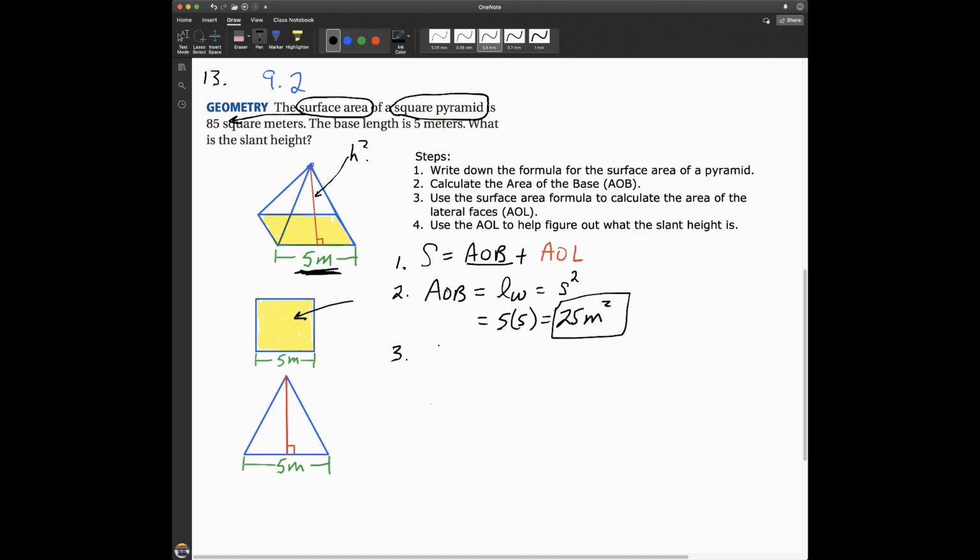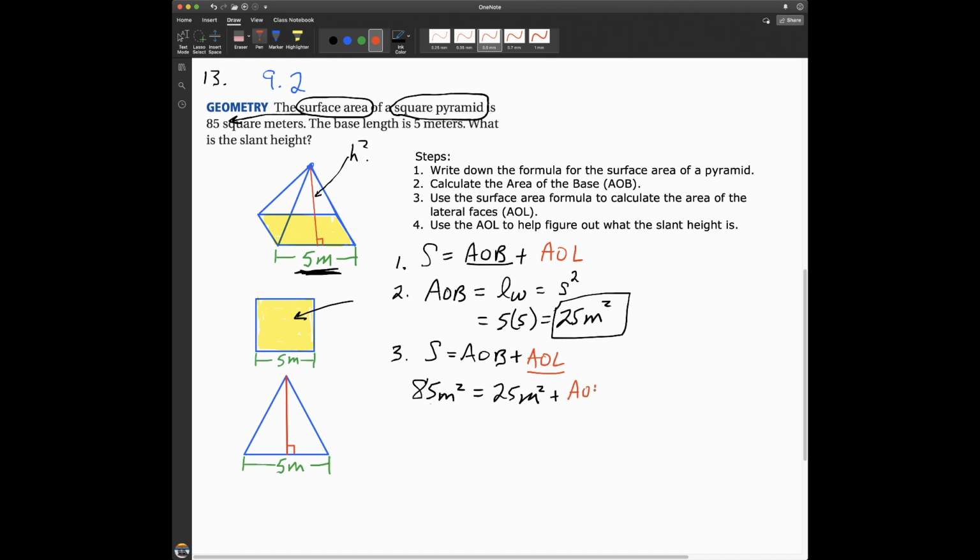So the surface area is 85 meters squared. That equals the area of the base, which is 25 meters squared, plus the area of the lateral faces.